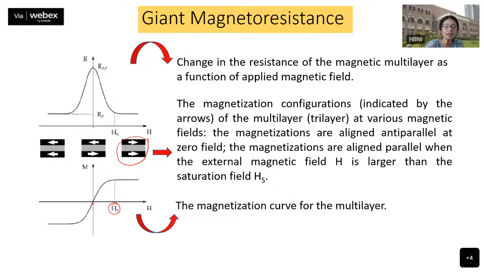When no magnetic field is applied, it has the highest resistance, since the layers are anti-parallel to each other. But the moment you start applying the field, the resistance decreases. As you increase the field on one side, the resistance decreases, and if you apply the field in the other direction, the resistance also decreases. So here you have the resistance change happening due to the application of the field.